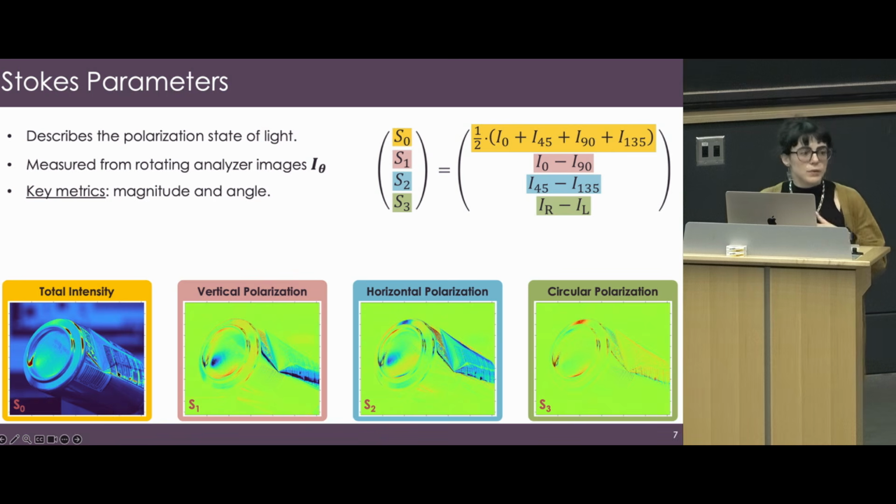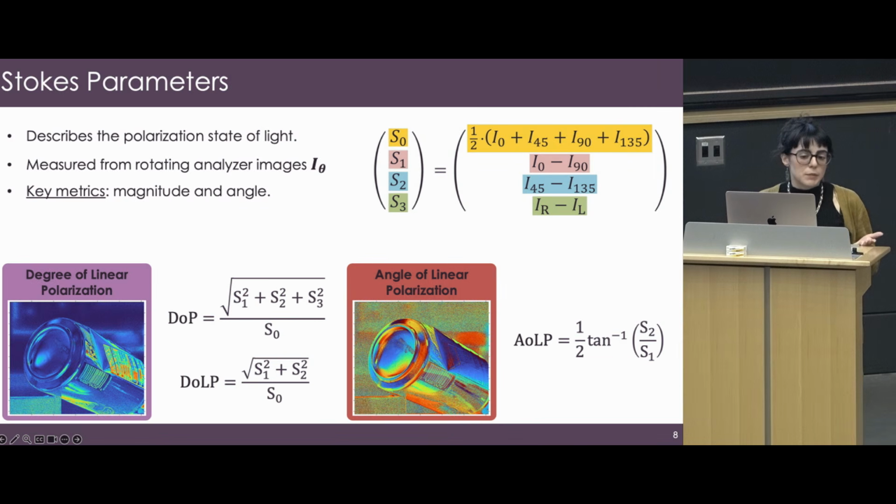Here S0 is essentially just an intensity image. And here are your vertical and horizontal components of polarization, and these intensities show where those components are the strongest. And here is circular polarization. That requires a quarter wave plate to image, and generally that signal is pretty weak.